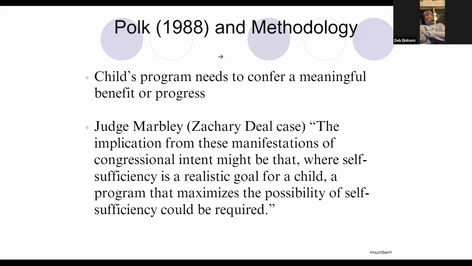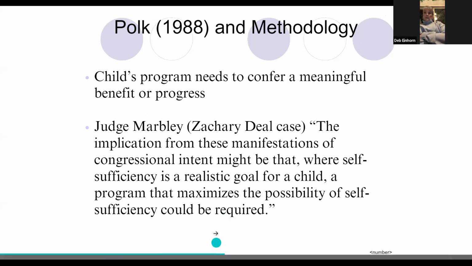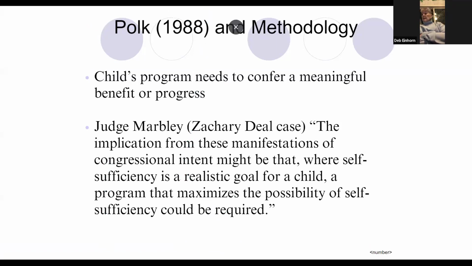And so this case went all the way to the Supreme Court and really changed the standards for how we look at IEPs now. What the Supreme Court said was that all children should have the opportunity to meet challenging objectives.